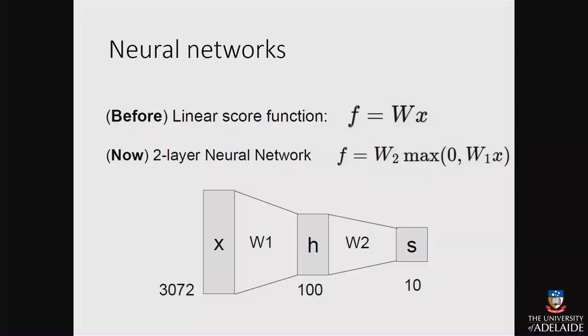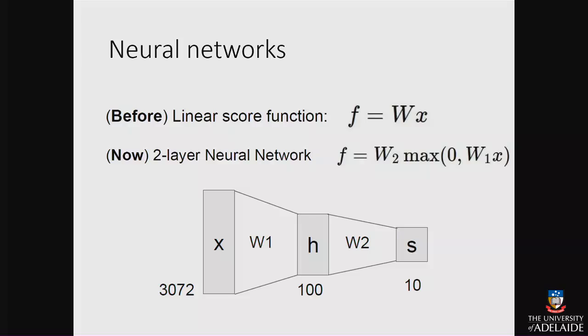We normally call it a hidden state. In this example, x is a vector with 3072 numbers. After the linear transformation with W1, we get a vector h with 100 numbers. This is the hidden state.